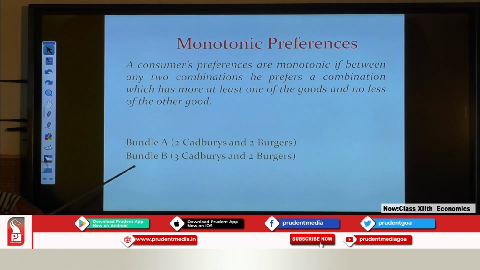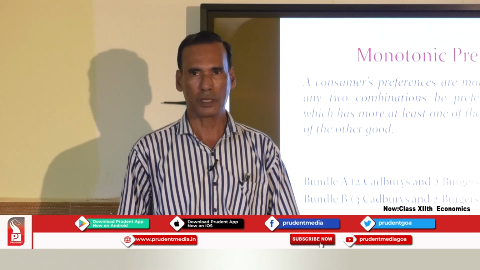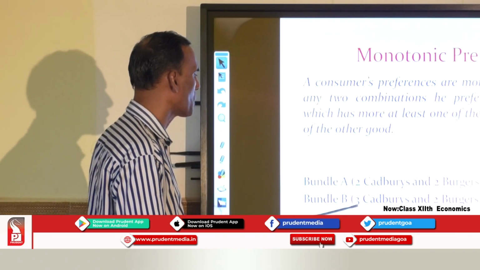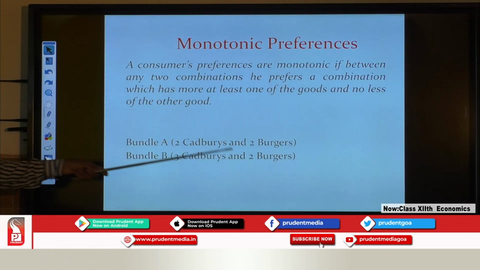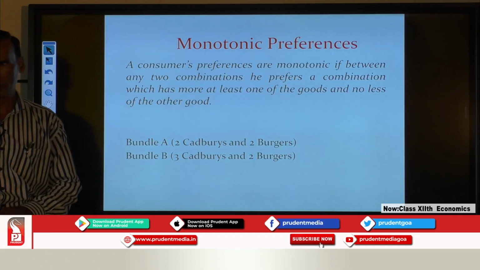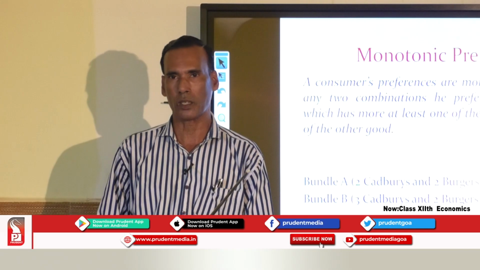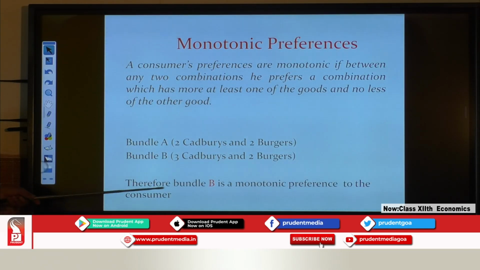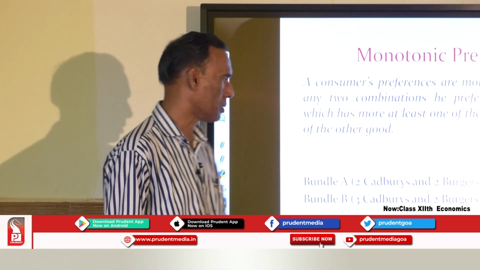I got bundle B, there are 3 Cadbury's and 2 burgers. So, naturally, a rational consumer will choose the second bundle because there are 3 Cadbury's and 2 burgers, as compared to the first one, there are more of at least one of the commodity. Therefore, bundle B is the monotonic preference of the consumer.